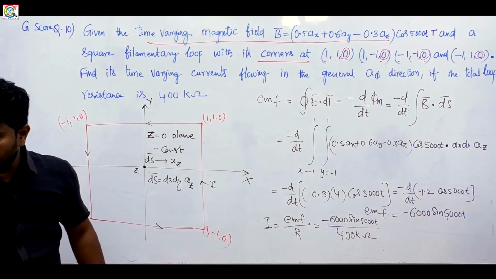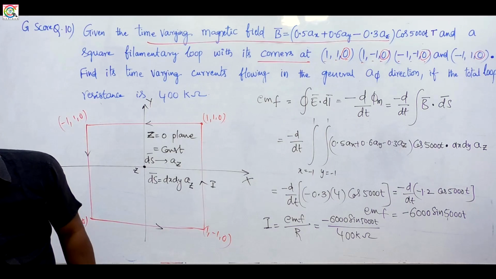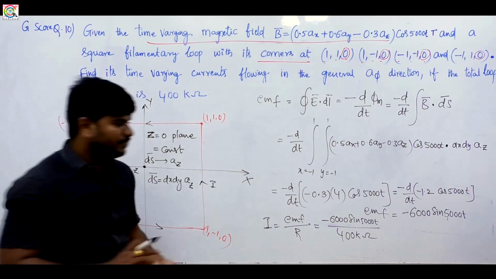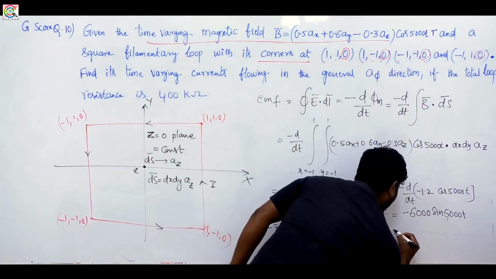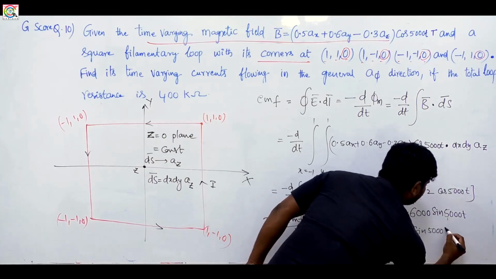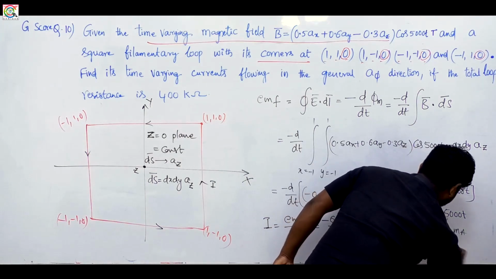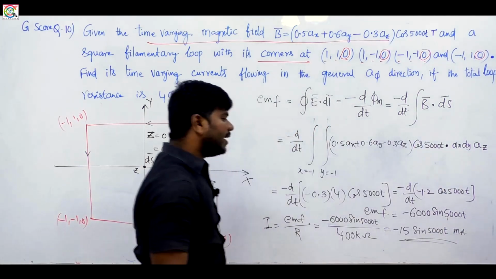Now if you simplify this, it will be minus 15 sin 5000t milliamperes.